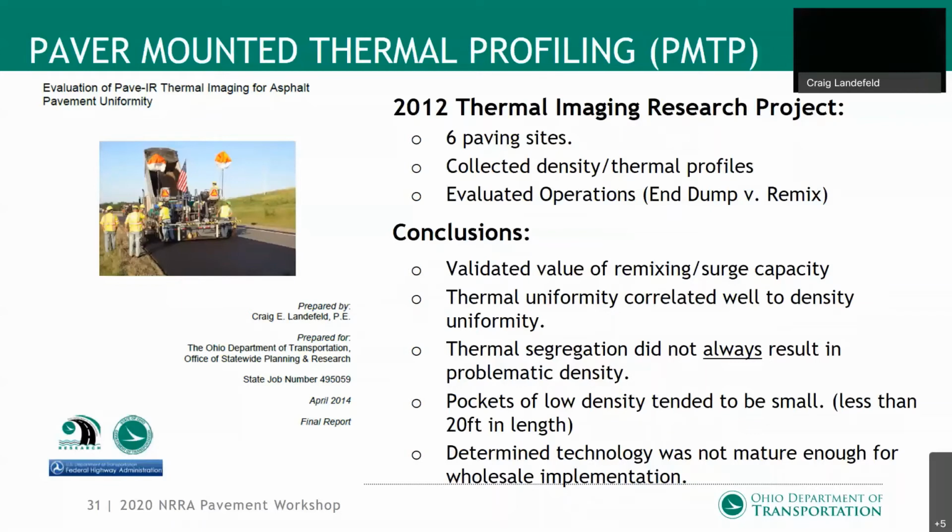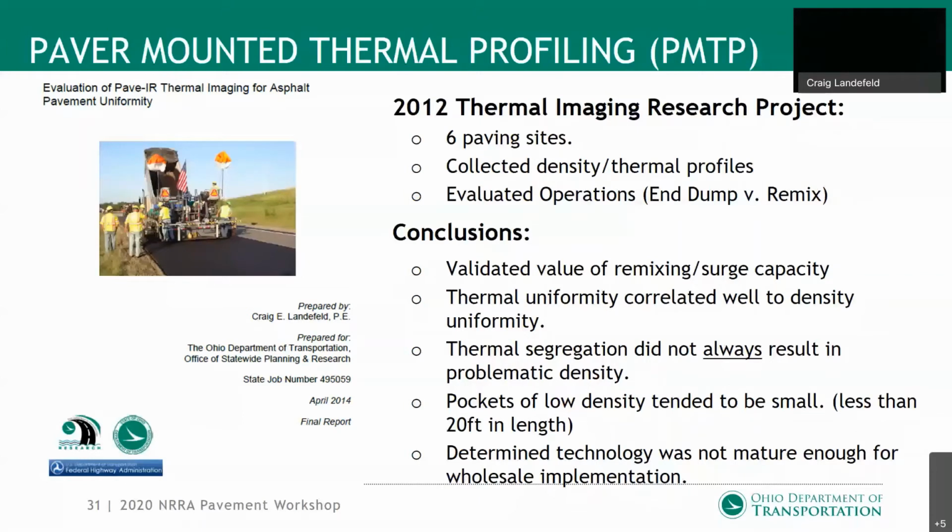You can still be in the compaction window with a mixture that has some thermal segregation. But what we did find is when you have good control of your thermal segregation, that generally always translated to much better control of the density. The variability in the density was much lower when we had good control of the thermal on the project.